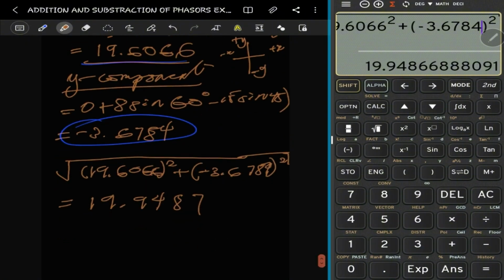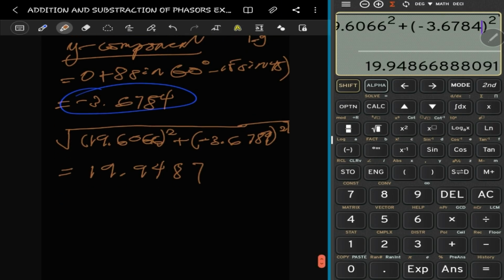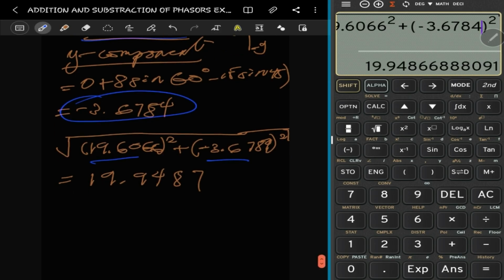The next one will be to find the phase shift relative to the x-axis, right? So that one we'll still use this once again. So let's see. We'll still be using tan. We know tan theta is equal to opposite over adjacent, right?